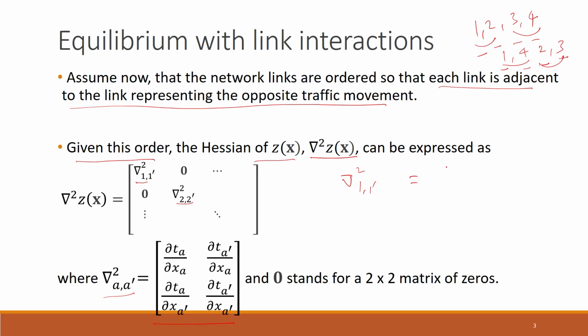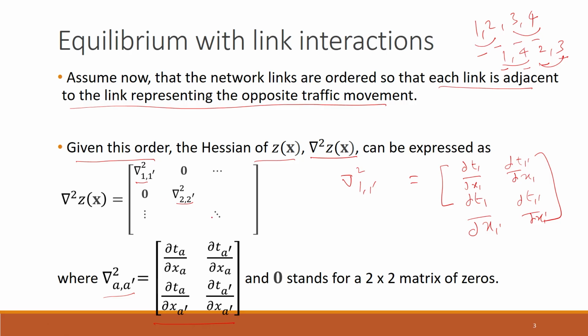So, here we first take the partial derivative of the travel time on the first link with respect to the flow on this first link, then we take the partial derivative of the travel time on link 1 dash with respect to the flow on link 1, and then we take the partial derivative of the travel time on link 1 with respect to the flow on link 1 dash, and then the partial derivative of travel time on link 1 dash with respect to the flow on link 1 dash, okay. So, this is what we have here.